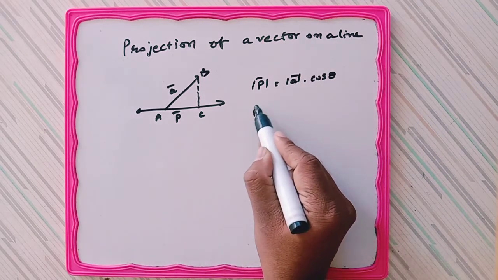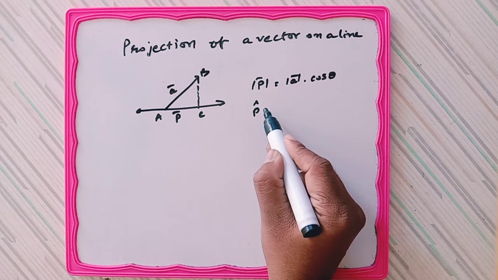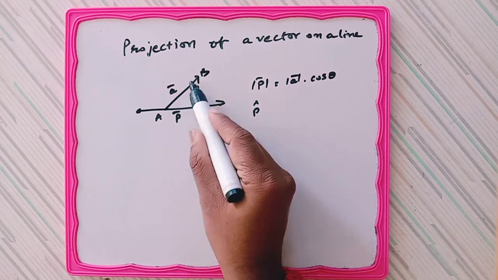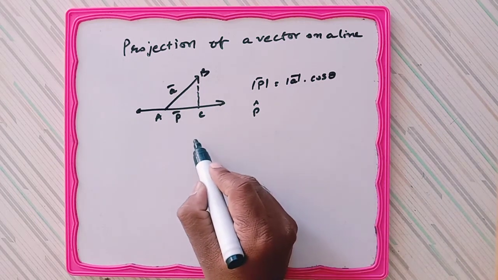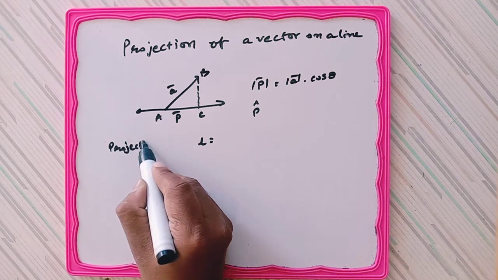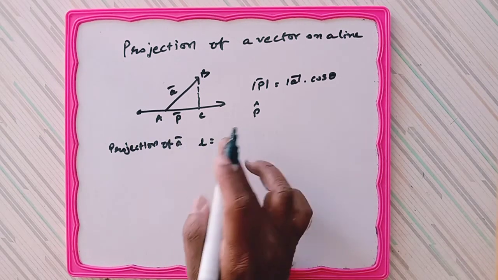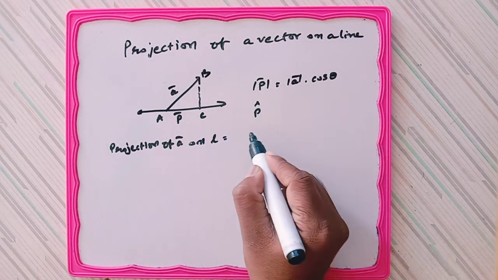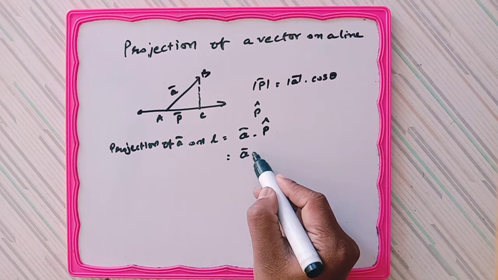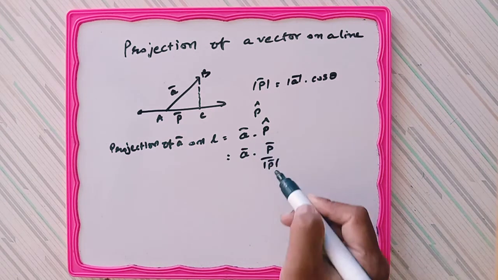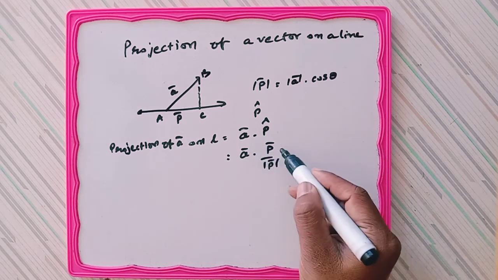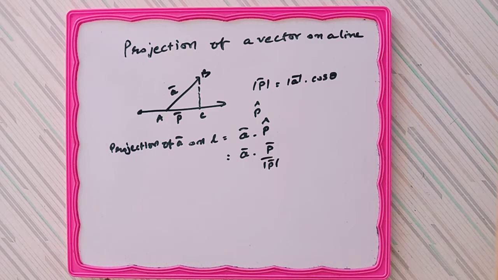Now if we take the unit vector of P along the line, then the projection of A bar on line L will be given by A bar dot unit vector of P. The unit vector formula we know, so the projection of any vector we can get as A bar dot P bar upon magnitude P bar.